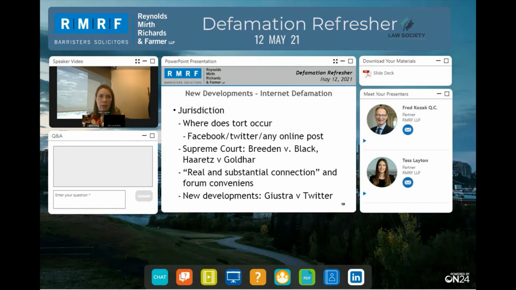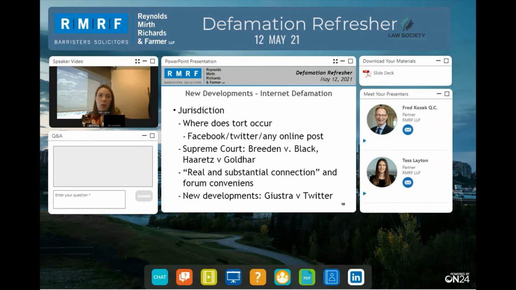Mr. Justra is a prominent Vancouver-based businessman who has a reputation in Vancouver and throughout Canada, but he also has some business interests in California. So Justra sued Twitter for various defamatory tweets that arise from the 2016 American election. Because of his relationship with the Clinton family, he was implicated in a number of conspiracy theories like Pizzagate, and wanted to sue over those tweets.